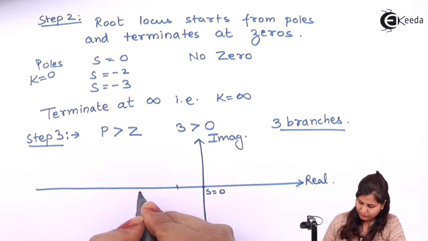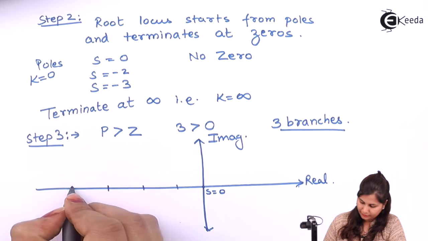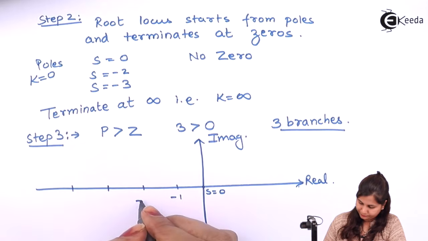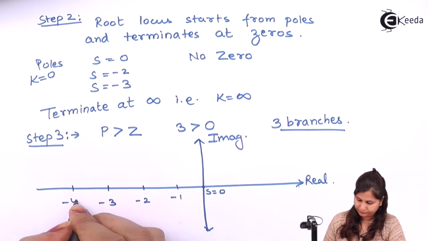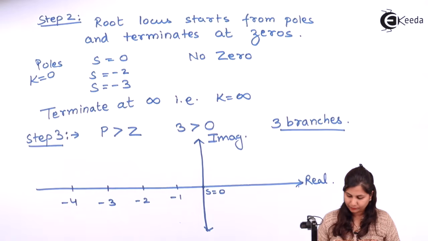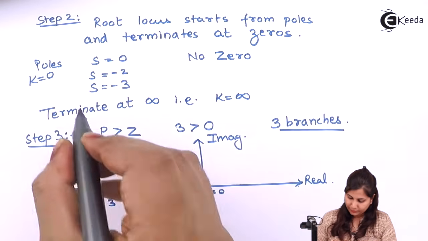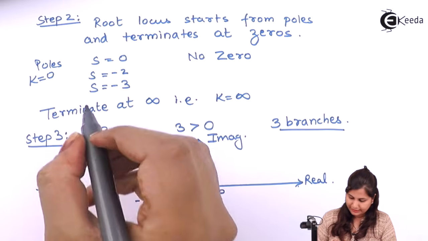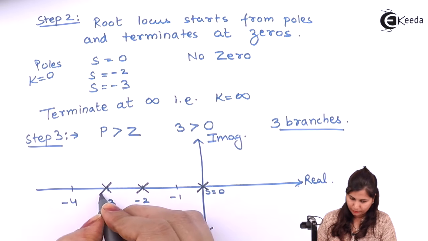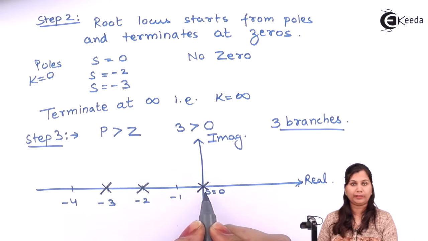Then we have -1, -2, -3, -4. Now s equals 0 is a pole, s equals -2 is a pole, and s equals -3 is a pole. So we have 3 poles.